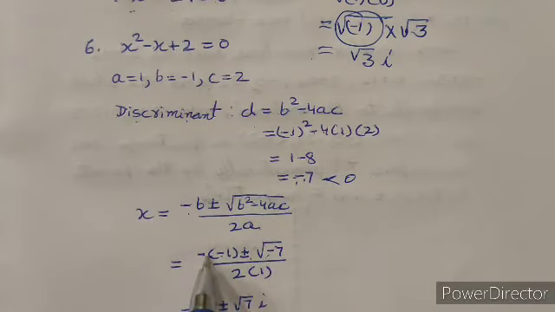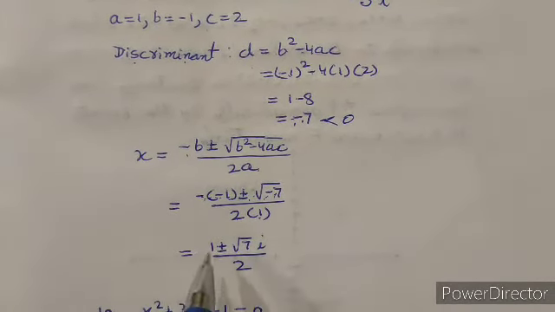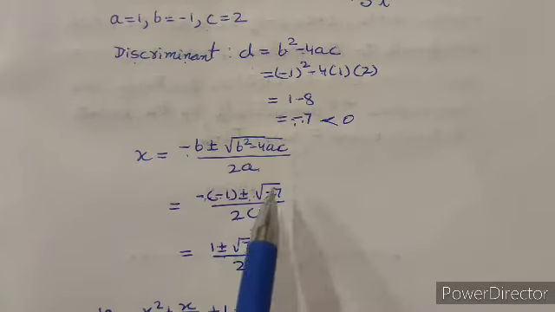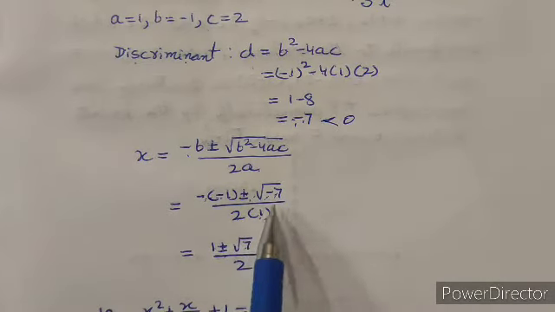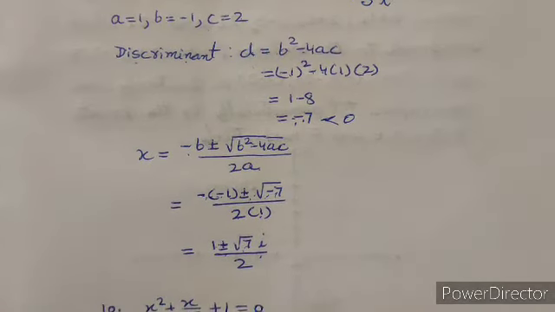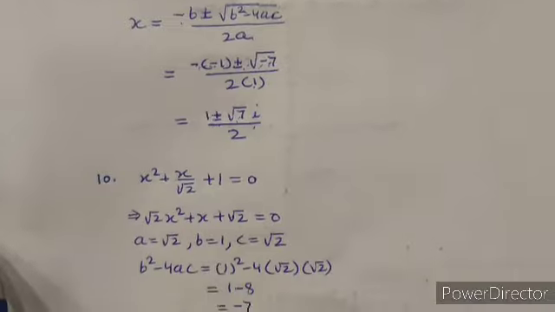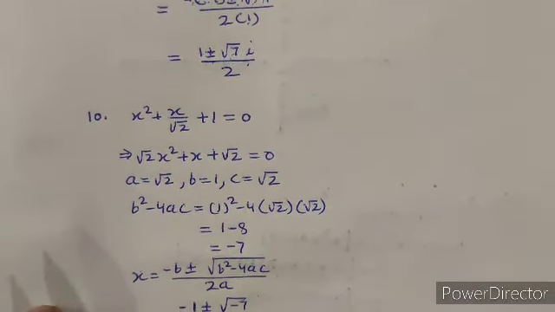So that will be 1 plus minus root minus 7 upon 2a, and a was equal to 1. This on solving is giving us 1 plus minus root minus 7 upon 2, and root minus 7 can be written as root 7i.